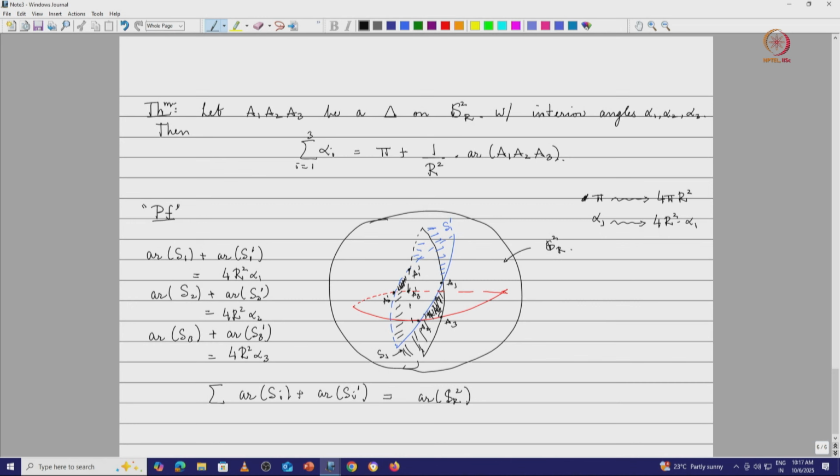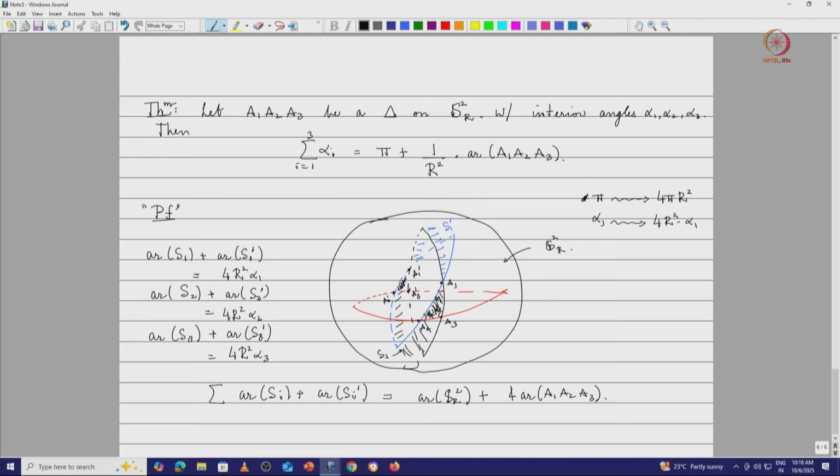But this original triangle is counted thrice instead of being counted once, and the shadow triangle is also counted thrice instead of being counted once, and of course the shadow triangle and this triangle are congruent to each other. So that means you are actually counting 4 times the area of the triangle in excess, right.